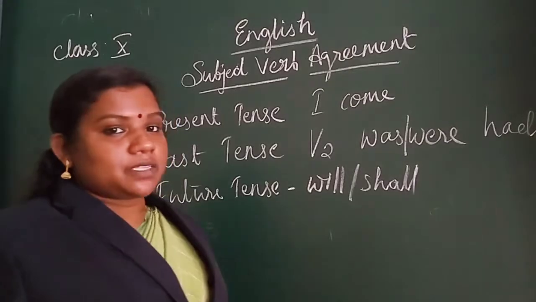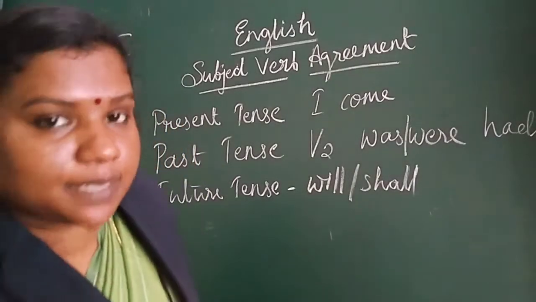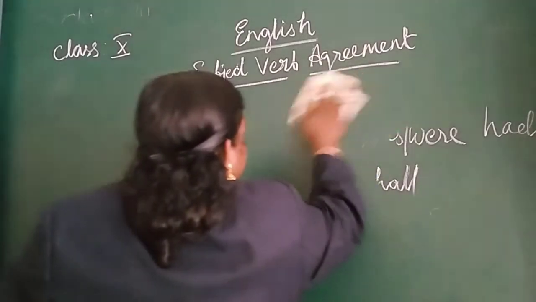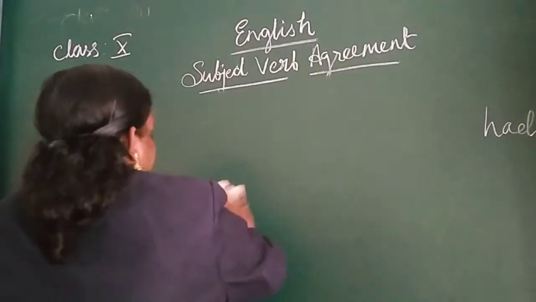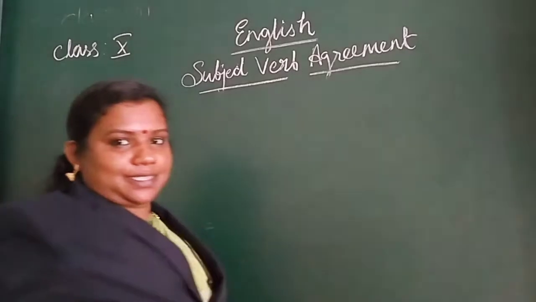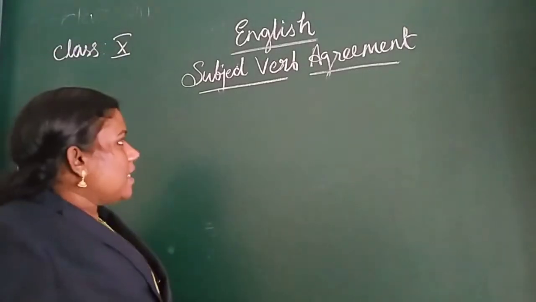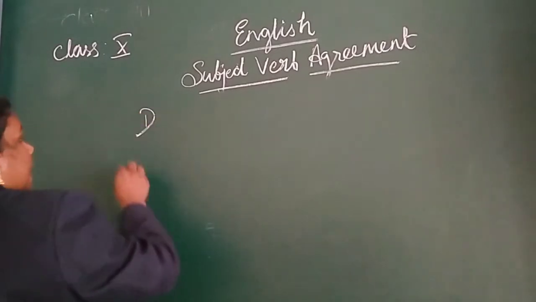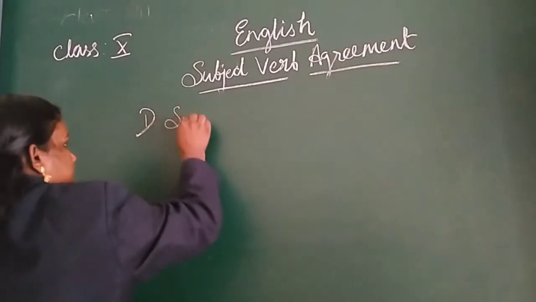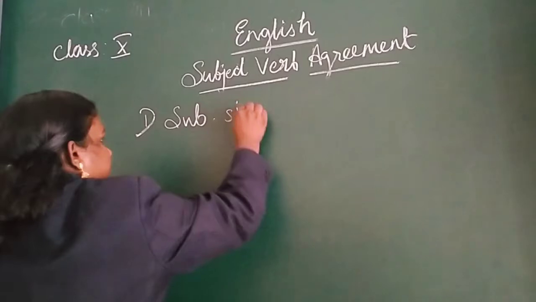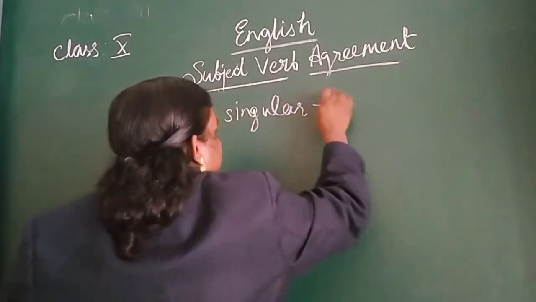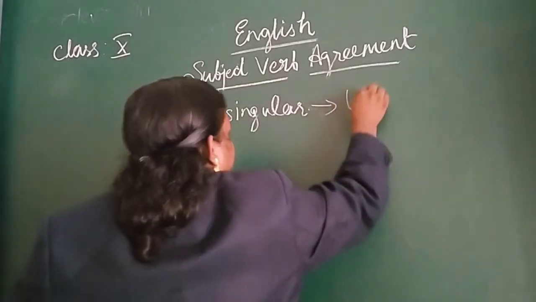Okay students, what is this subject-verb agreement and where we will get this confusion, that we will learn in this class. The first point, which you already know: if the subject is singular, the verb also will be a singular form.